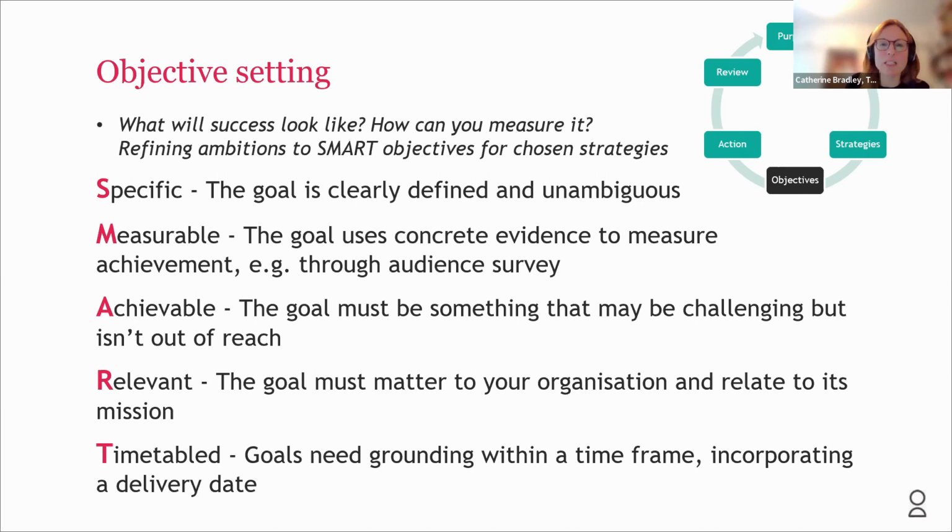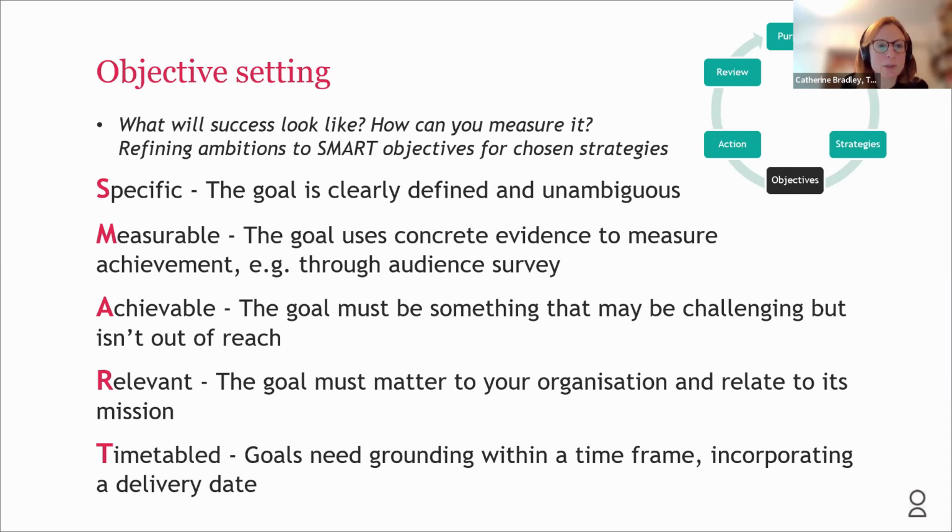Could be through many different methodologies. It could be your audience survey, your ticketing. It might be that a goal is measurable through qualitative audience techniques. So it could be that you want to measure a certain shift in perceptions or something like that. But as long as you define that it's measurable and you set out how you're going to do that, that's the critical thing.